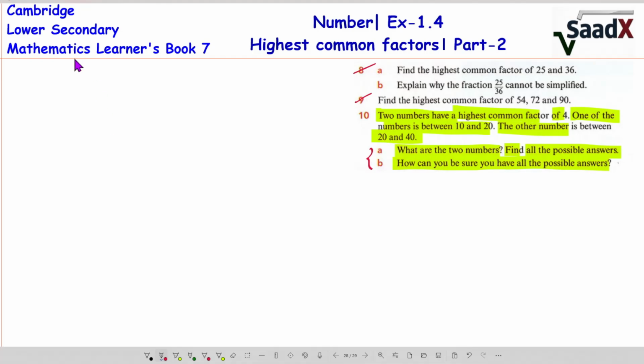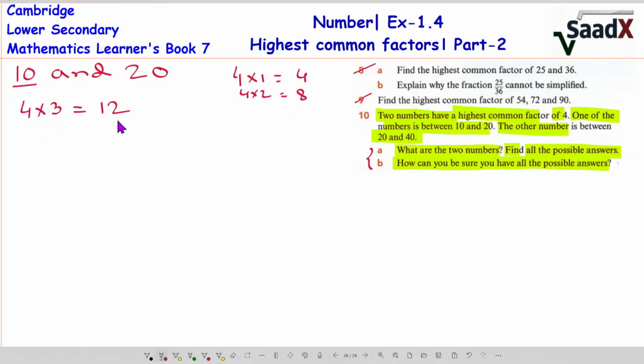So first we have to find the multiples of 4 between 10 and 20. Which numbers are multiples of 4? 4 times 1 is 4, which is less than 10. 4 times 2 is 8, this one is also less than 10.